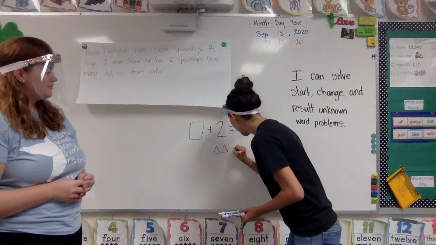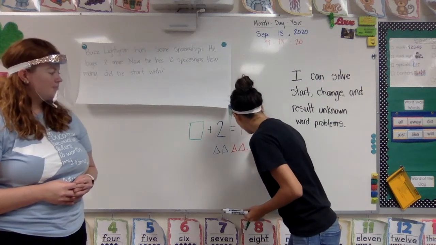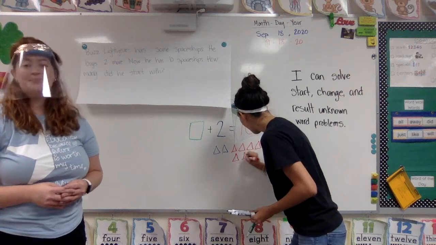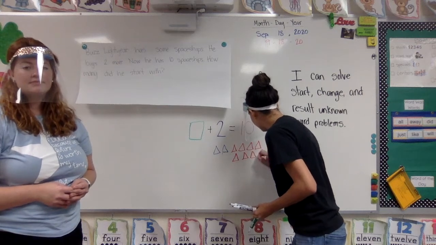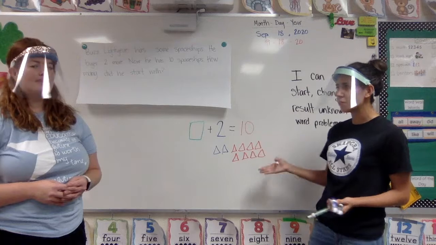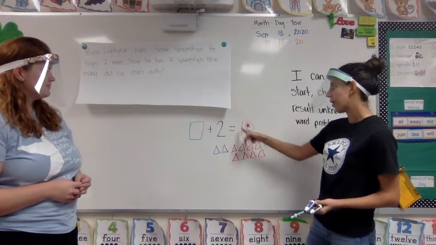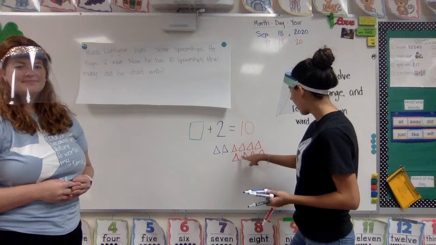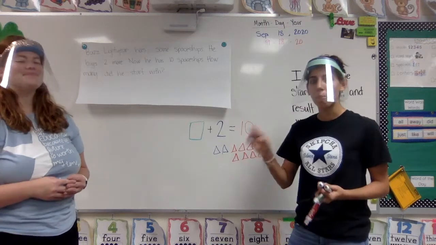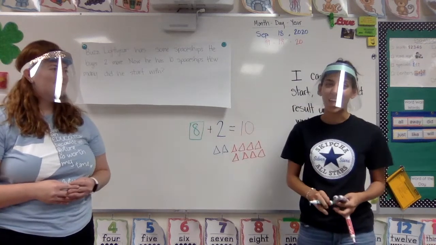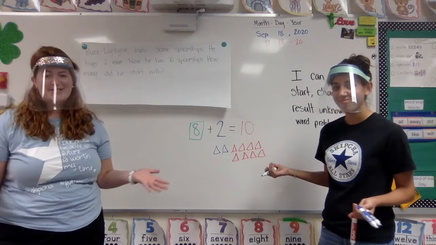So I already have 2, 3, 4, 5, 6, 7, 8, 9, 10. So now I just have to count how many more spaceships I had to draw in order to make my total 10. So I had to draw 1, 2, 3, 4, 5, 6, 7, 8 more spaceships in order to equal 10. Wow, he started with 8 spaceships.